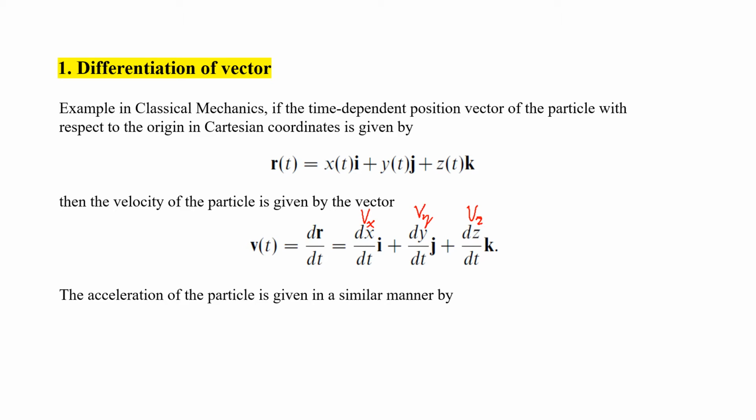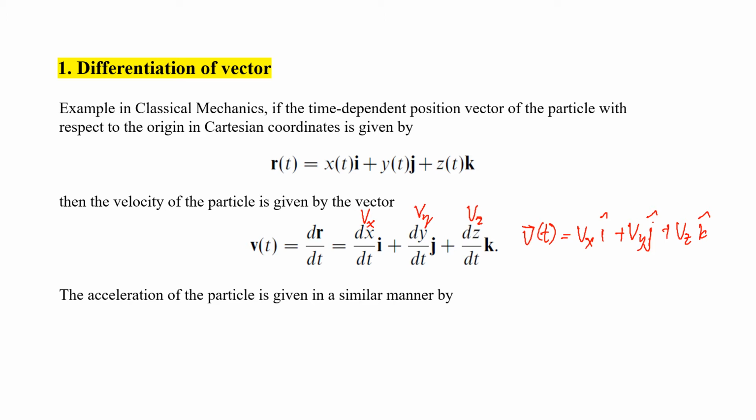So we can now write the velocity of the particle as the vector v(t) = vx i-hat plus vy j-hat plus vz k-hat. Again, the velocity of the particle is given by the first derivative of your vector r(t).